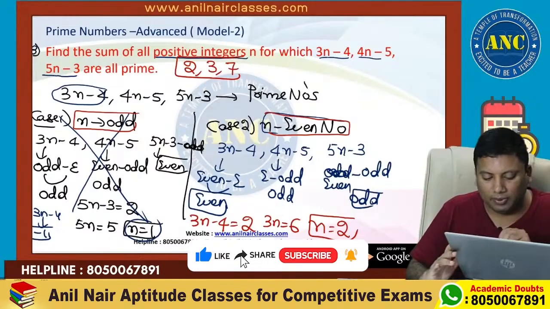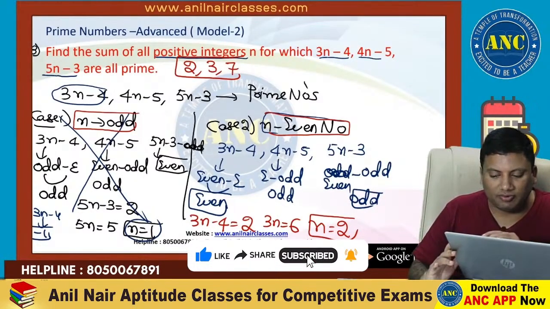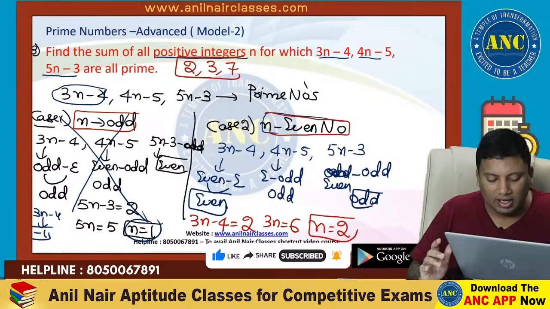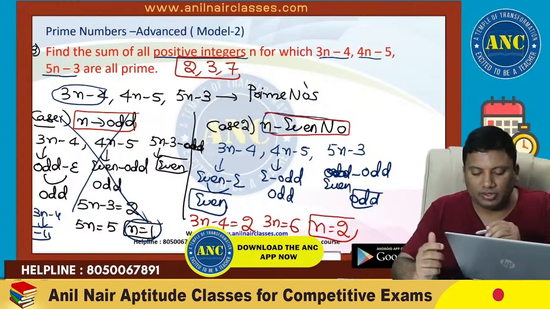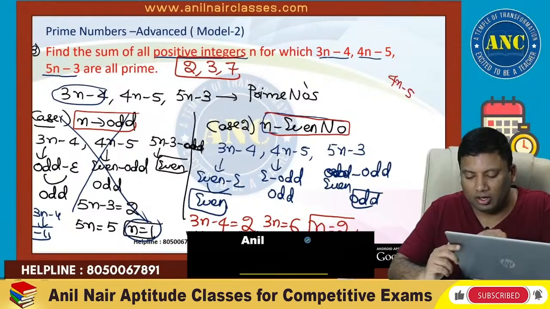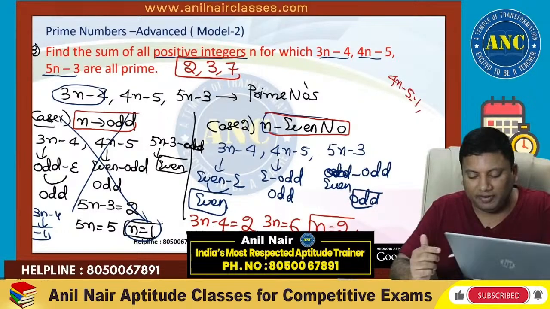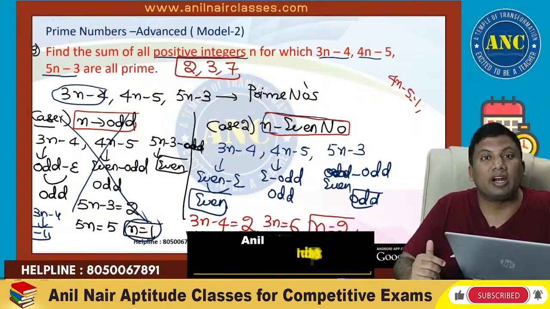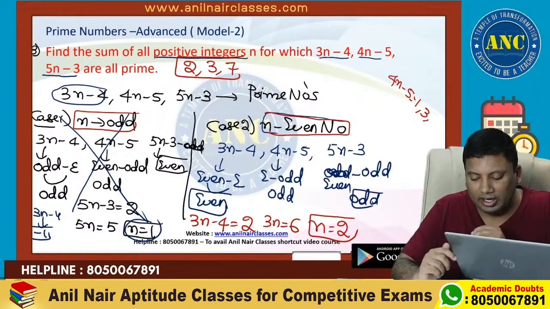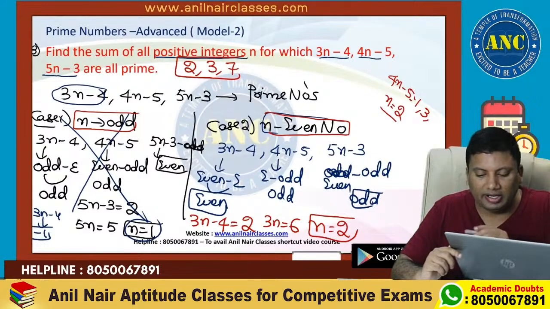for example, 4n minus 5, even into even, 5 is odd, even minus odd, it is odd. Suppose I take 4n minus 5 as the odd number 1, 4n equivalent to 6, n will be a fraction. 4n minus 5, it is 3, 4n is 8, n is nothing but 2. 8 minus 5, 3.